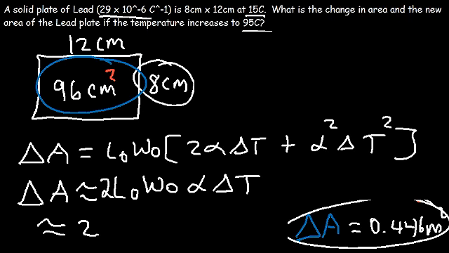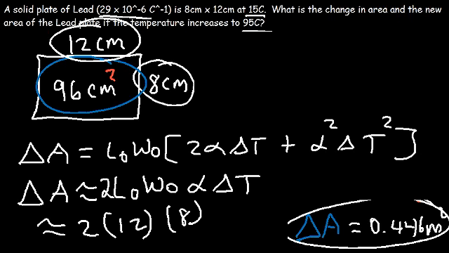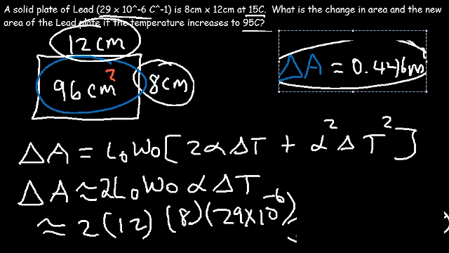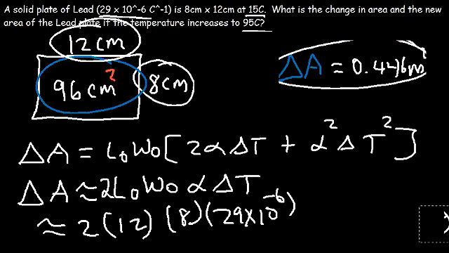Now L0 is 12, W0 is 8, alpha is 29 times 10 to the minus 6, and since I'm running out of space, let's move this somewhere else. And the change in temperature is 80.